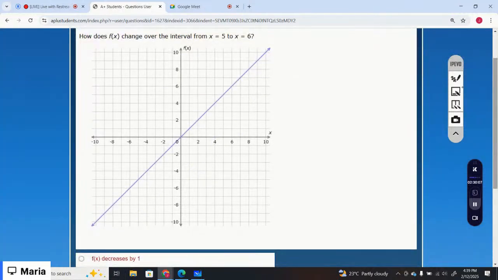How does f of x change over the interval from x equals 5 to x equals 6?